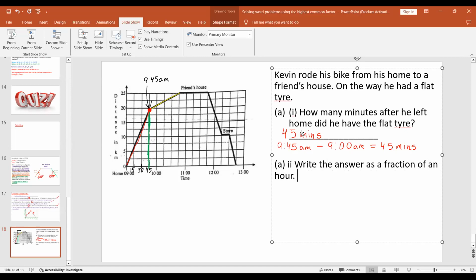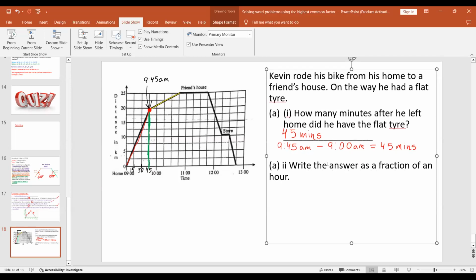So the answer we got above, which was 45 minutes, they want us to write that as a fraction of an hour. So how are we going to do that?